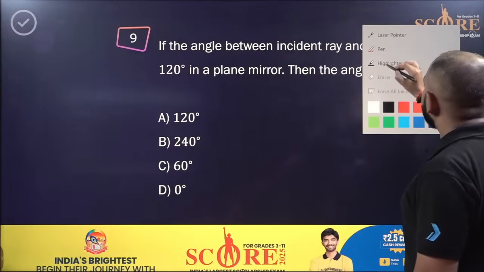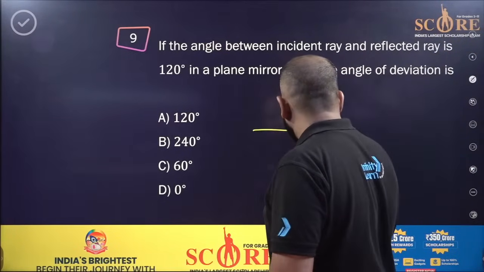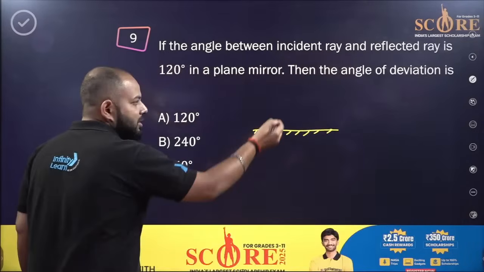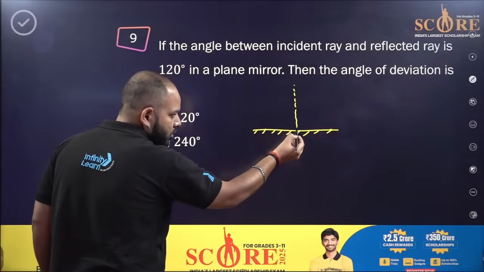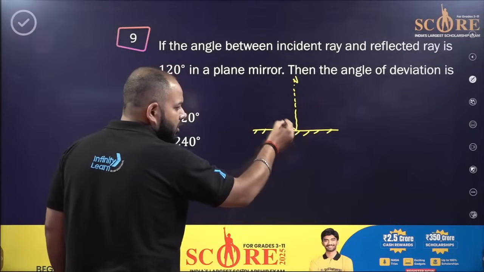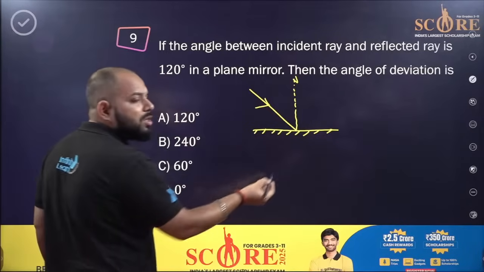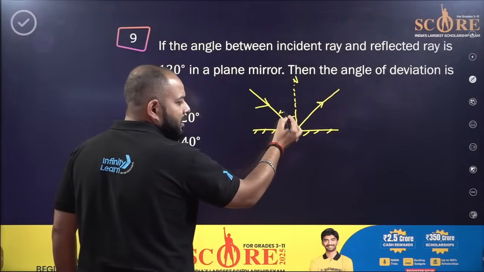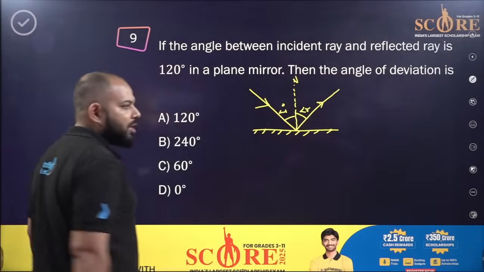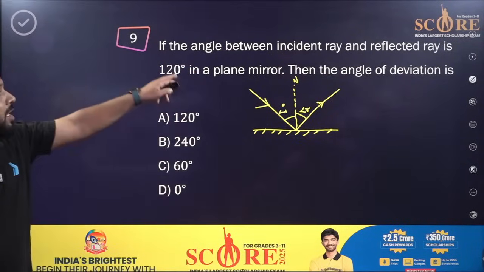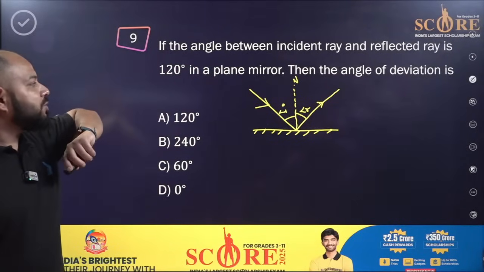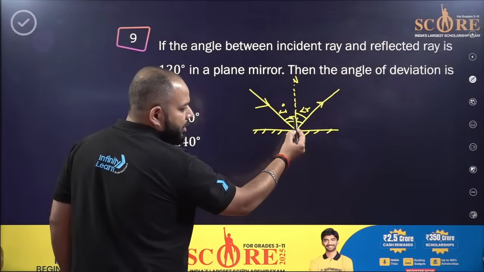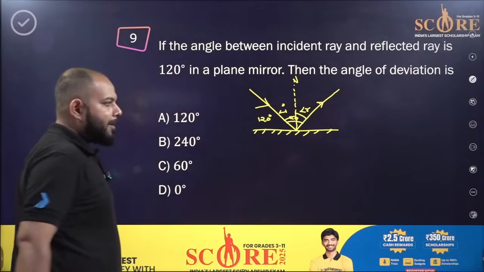So this is the mirror, and in this mirror this is the normal, already we know. And this is the ray which comes, called the incident ray, we all know it, and this is the reflected ray. So this angle is angle i, this is angle r. Okay, this much we already know. The angle between the incident ray and the reflected ray is 120 degrees. That means this complete angle, both of them together, is 120 degrees.